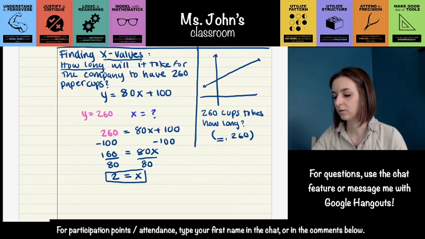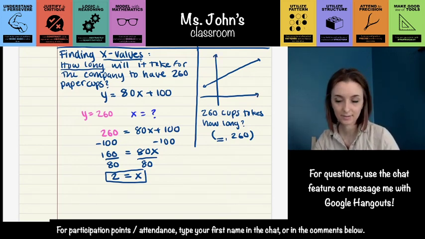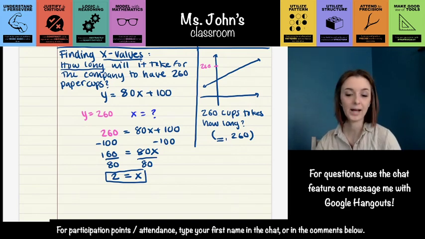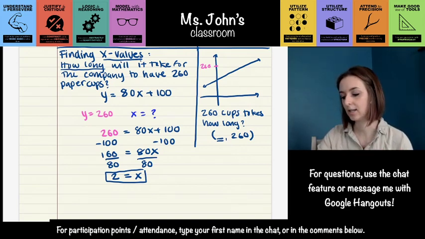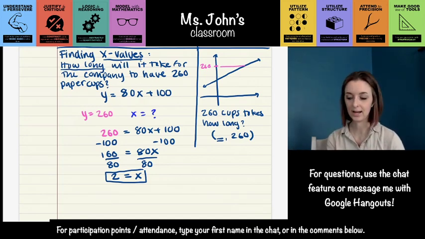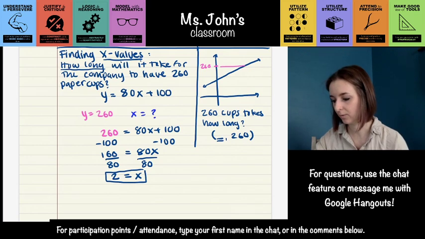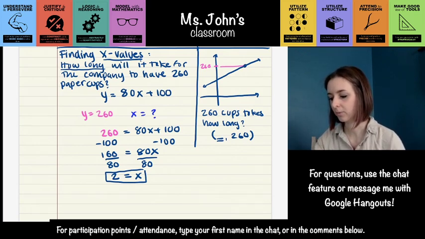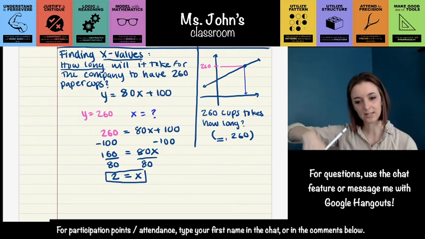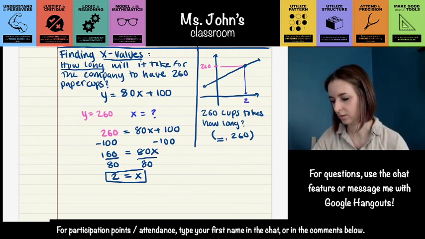So we need to go along the y-axis and find 260, which we'll say is like right here. You go along the y-axis and find 260, and then you go to the graph. It's going to be either left or right. You're going to go find the graph and find out what point that is. What value of x gives you that 260? So on a graph, it means sort of following down, going and finding the graph, and then following that point down to what value it gives you, which apparently is 2 hours.